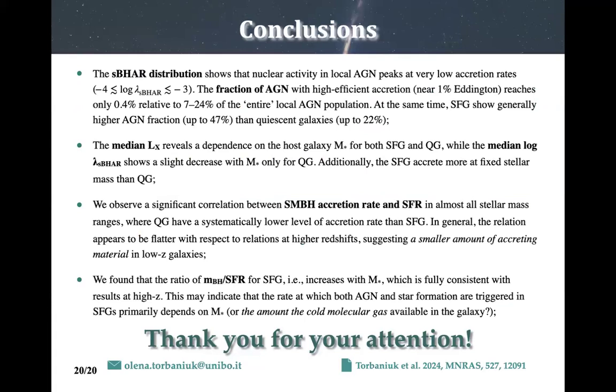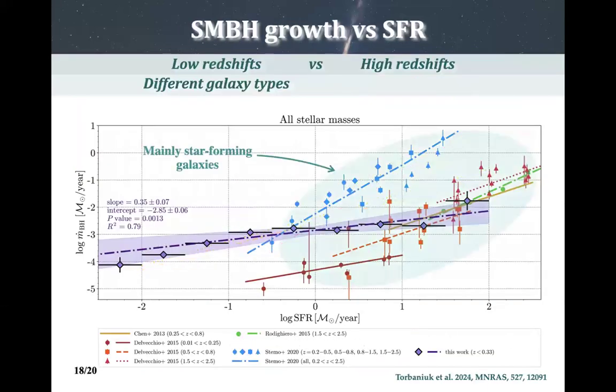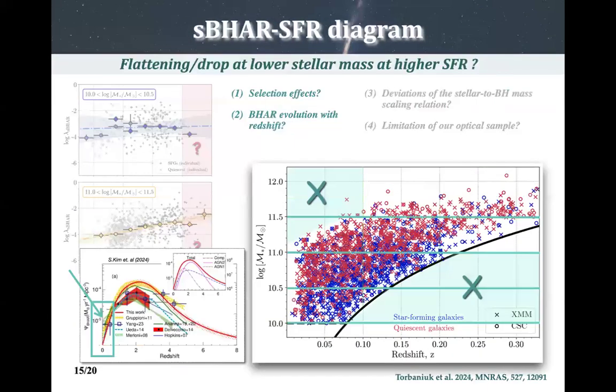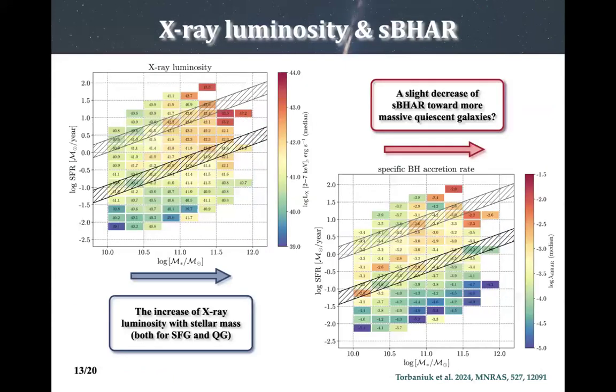So usually people find a strong relation with stellar mass rather than star formation rate. Yes, like the specific accretion rate, stellar mass, controlling for the star formation rate. We don't actually know, because everything depends on which type of sample you are probing, on which galaxies you are probing.